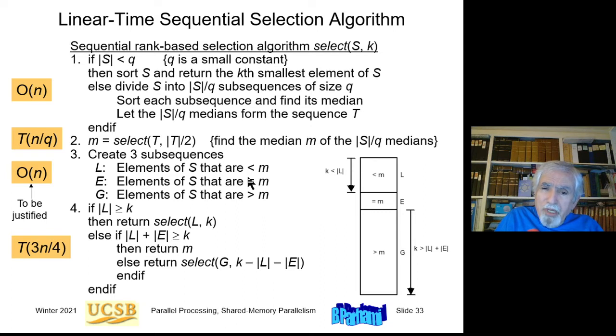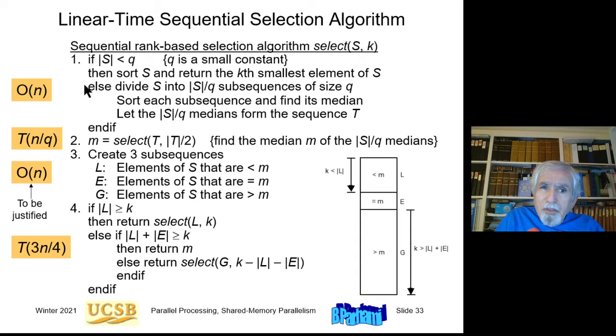Now, in terms of time complexity, this is order n time, dividing the list into those parts. I'm finding their medians, order n time.